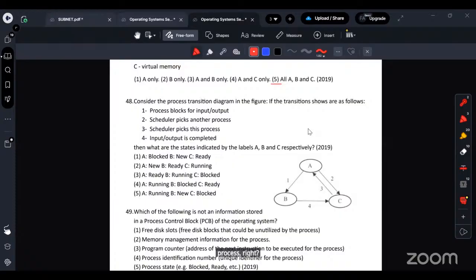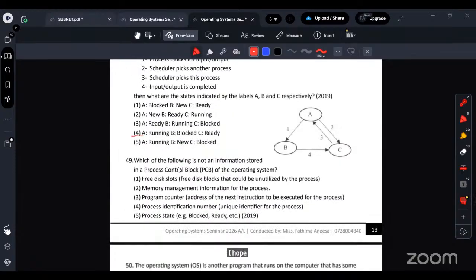In third one, C to A, which is ready to running, the scheduler selects the process to execute next. Fourth, B to C, what is happening? Blocked to ready. The input output event the process was waiting for has finished. So the answer is running, blocked, and ready. I hope that was clear.